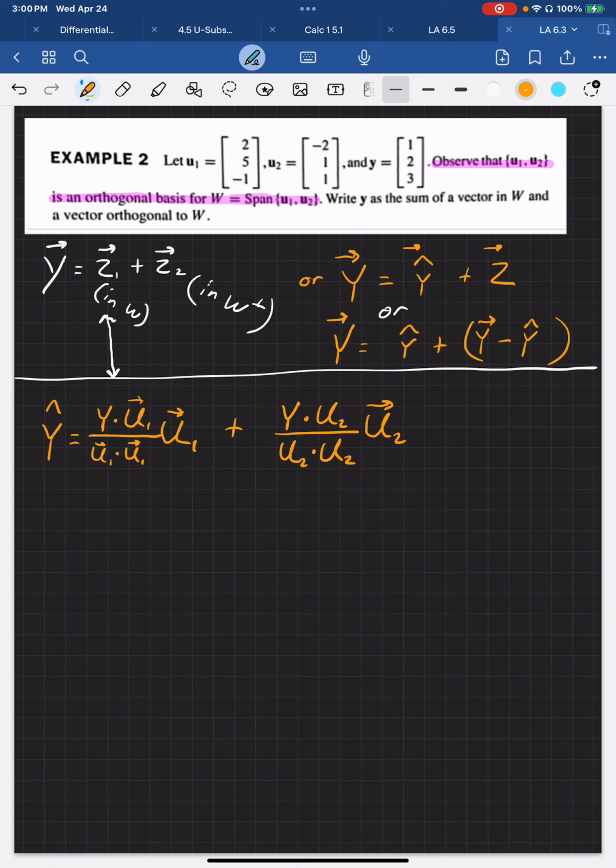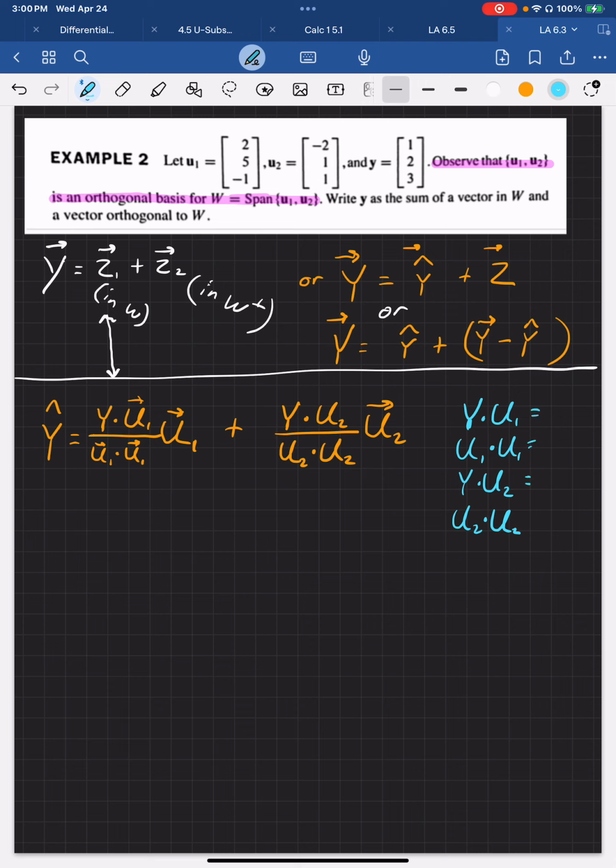All right, well, let's get these calculations out of the way. We would need the dot product of y with u1, the dot of u1 with itself, the dot product of y and u2, and the dot product of u2 with itself.